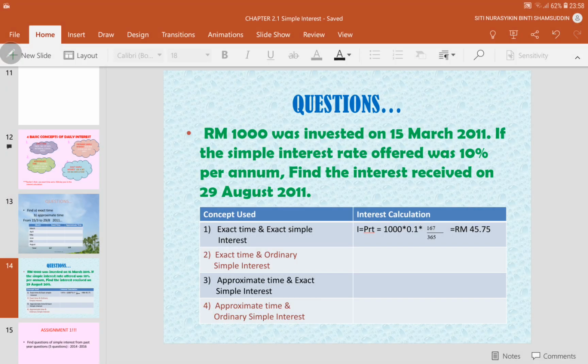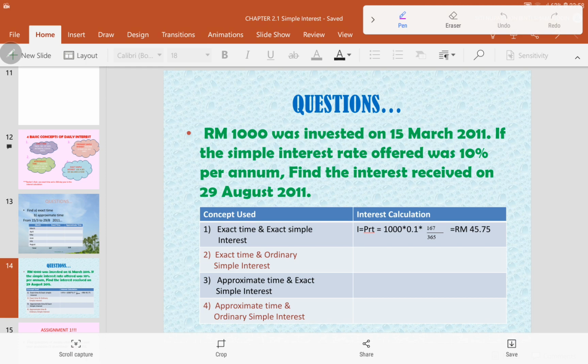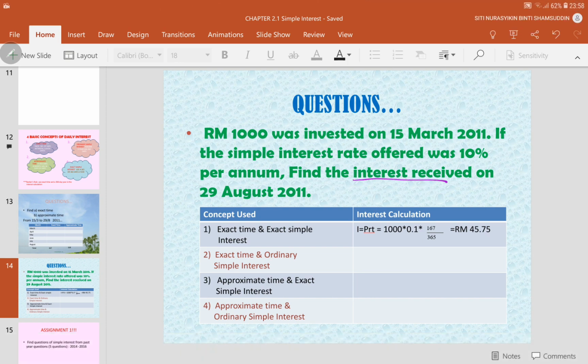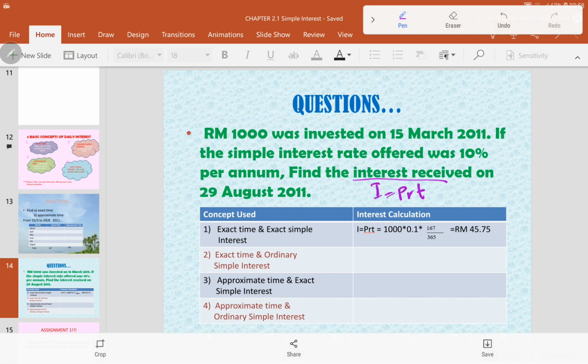If the simple interest rate offered was 10% per annum, find the interest received on 29 August 2011. Before we calculate the interest, the question asks you to calculate the interest received, kan. So interest is I equal to PRT. In order to use this formula, you need to know your P.